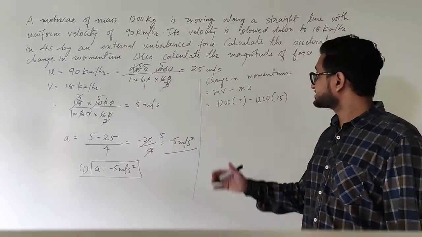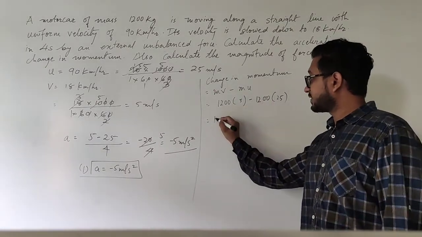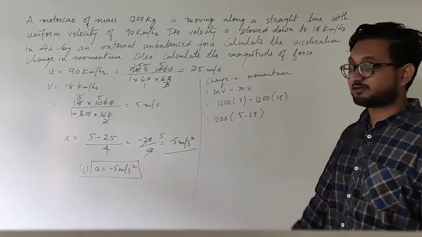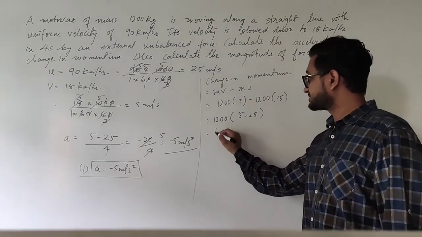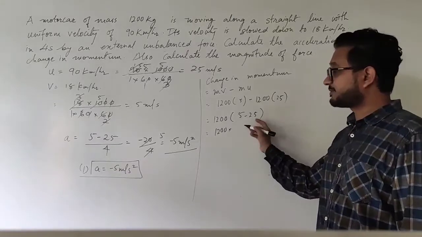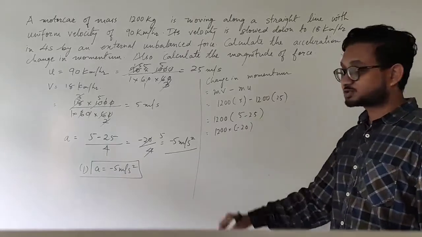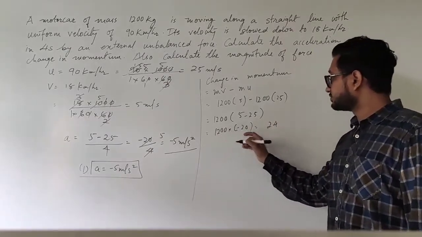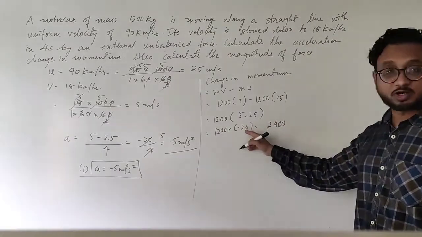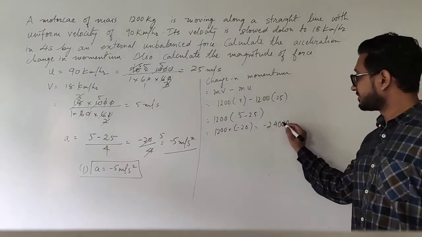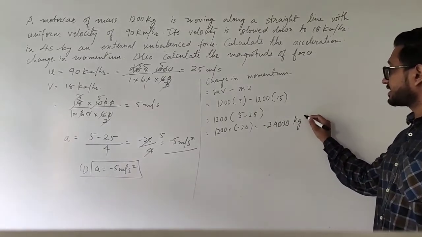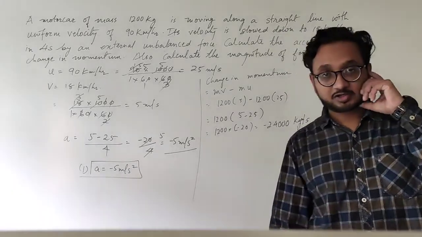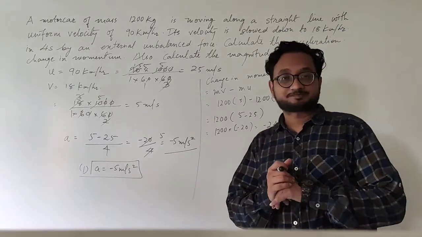Okay? In this case you can take m common, so I am taking 1200 as common, and inside 5 minus 25. Once again what you get is 1200 into 5 minus 25 is minus 20. 12 2s 24 and 2 zeros plus 1 more zero. So this becomes minus 24,000 kilogram meter per second. So this is your change in momentum.